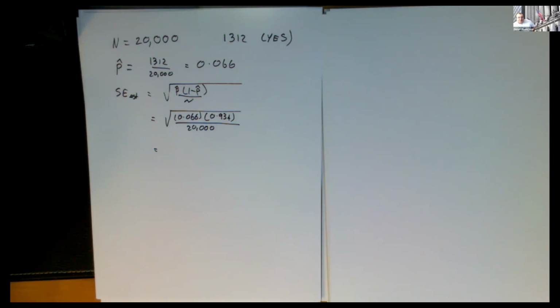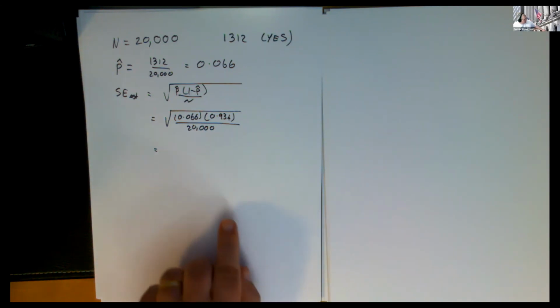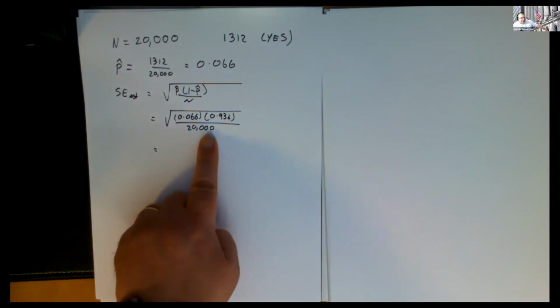Why can I make that prediction without even going near my calculator? What about the information in front of you suggests that it's going to be a very small standard error? You notice n is huge. If you divide a number by a really big number like 20,000, don't you tend to get a really small answer?